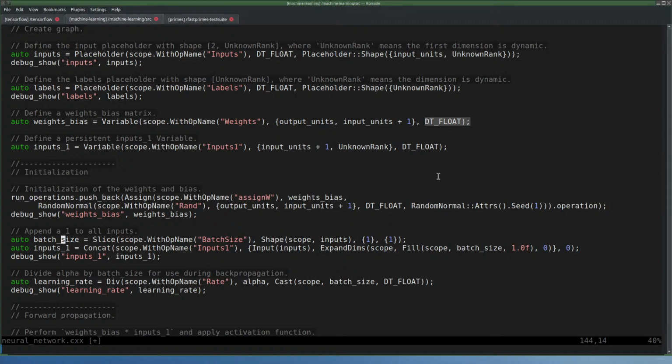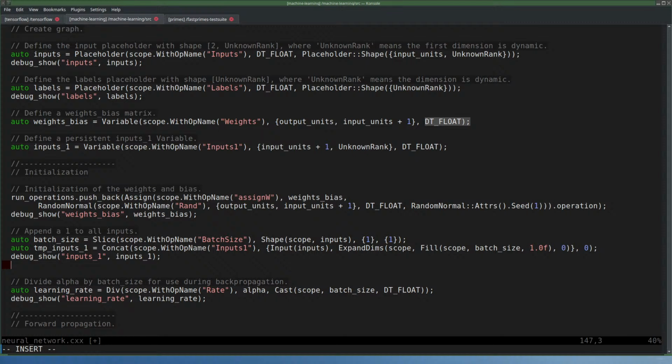But maybe just works all by itself. I'm going to call this temp inputs one. So what I want is an assignment, and the assignment then must be executed. It's just an operator.